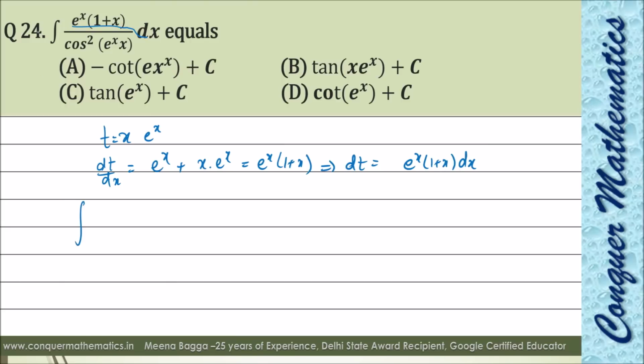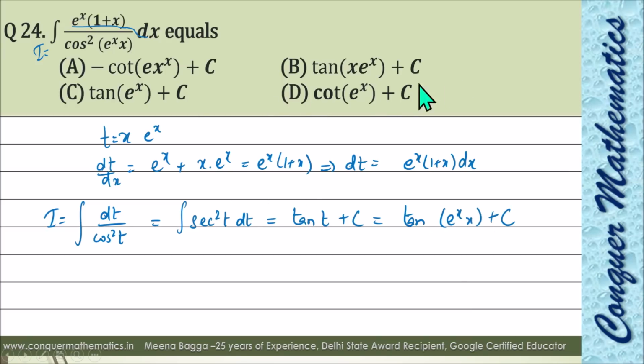That means this integral will be dt over cos square t. 1 upon cos square t means sec square t, and the integral of sec square theta is nothing but tan theta, that means tan t here. t means tangent of x e to the x. Okay, so our answer is B. B would be the answer.